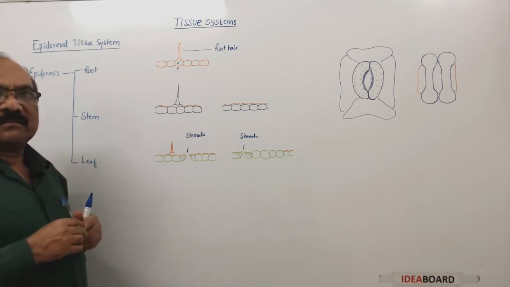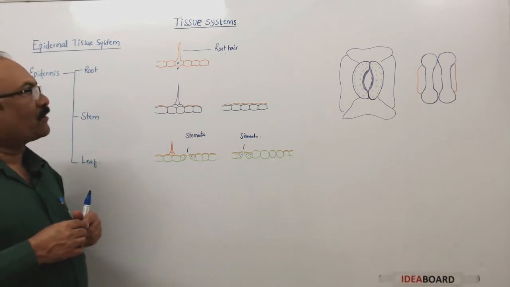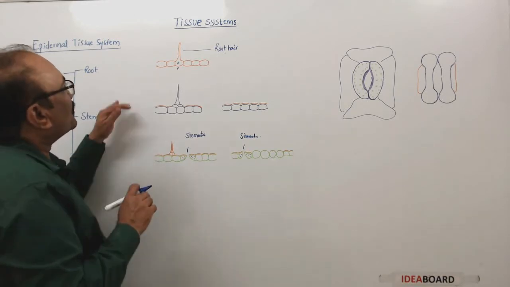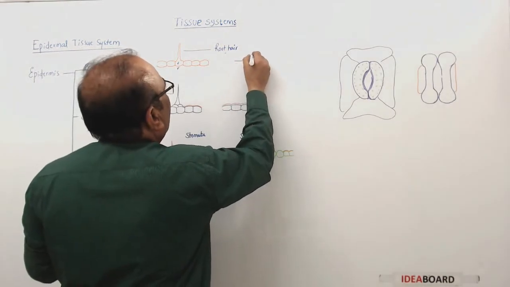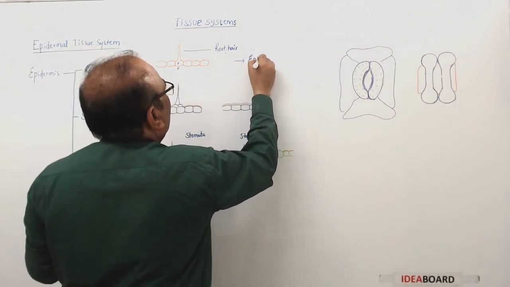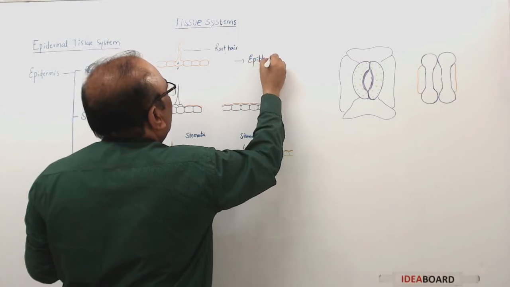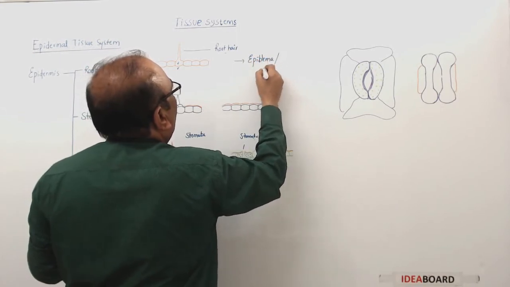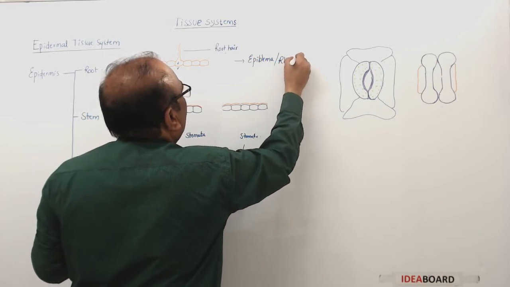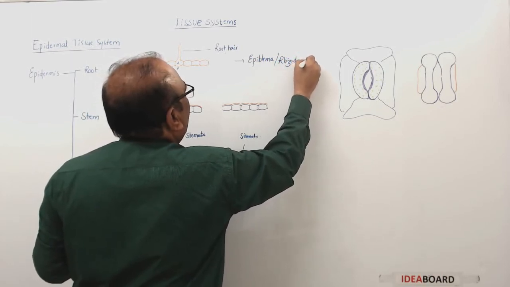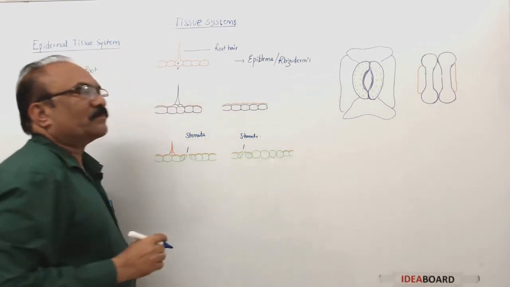Root hair region or maturation region. And of course, this epidermis with root hairs is called epiblema or rhizodermis.